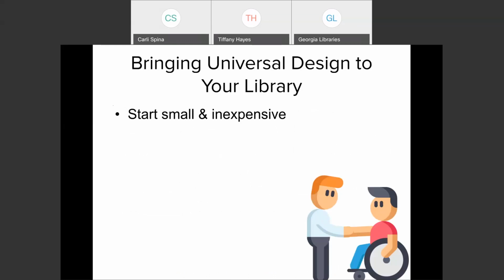So obviously, we're not all going to be able to start from scratch tomorrow. We all have existing library spaces, existing furniture, existing ways that we do our work, workflows, programs, services, everything. And so I want to encourage you to start with small and inexpensive things as sort of a proof of concept of universal design at your library and as an ability to slowly make improvements so that you're always building towards greater inclusion.